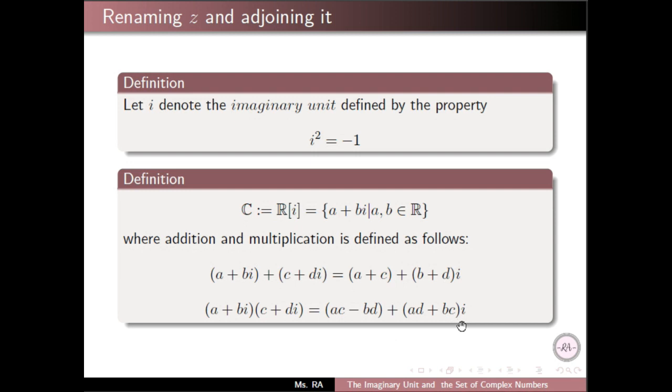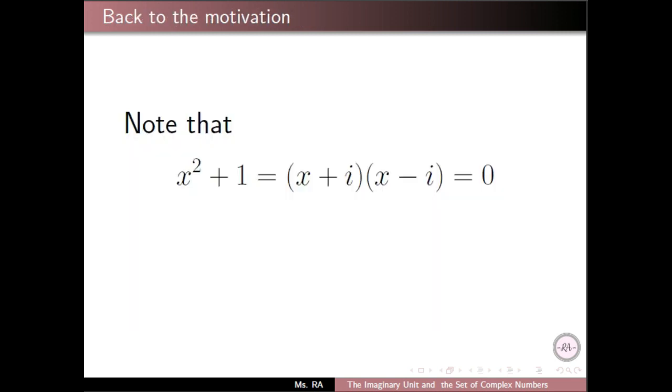Observe that rather than using e sub 2 or (0, 1), we use i already. Now, going back to the motivation, we have x squared plus 1 equal to 0, which is the same as (x + i)(x - i). You can actually check this if you want to.